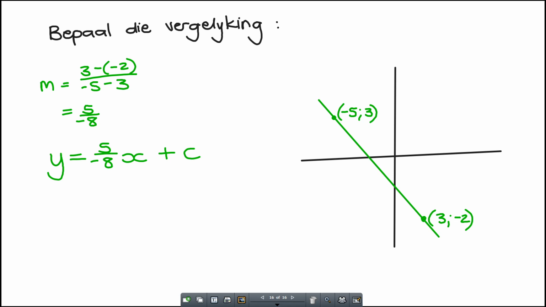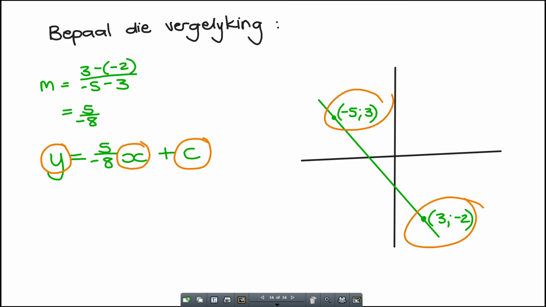Okay. Step 2 is, I need the y-intercept. Maar ek kan nie dit nou net gaan aflees hierso nie, want dis nie vir my gegee nie. So what we do then, kyk gou hoeveel onbekendes is hier, daar's y, daar's x, en daar's c. Hoeveel onbekendes? 3. Jy gaan nie dit kan oplos hier nie. But what we can do is substitute in either one of these two coordinates, because what are those coordinates?